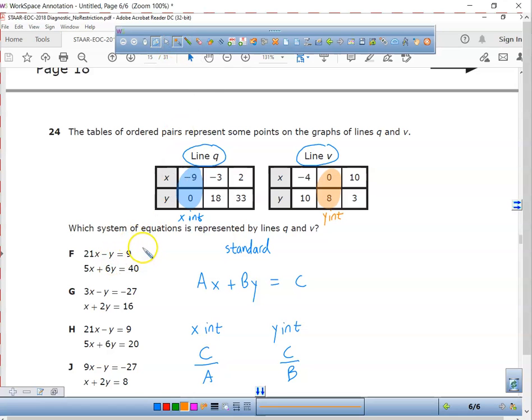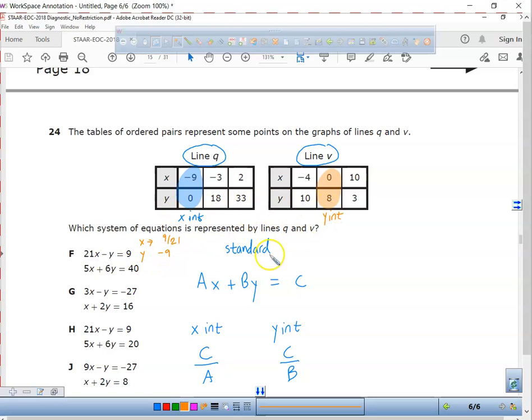My X-intercept is at 9 over 21, and my Y-intercept is at -9. So 9 divided by 21 is 9 over 21, and 9 divided by -1 is -9.